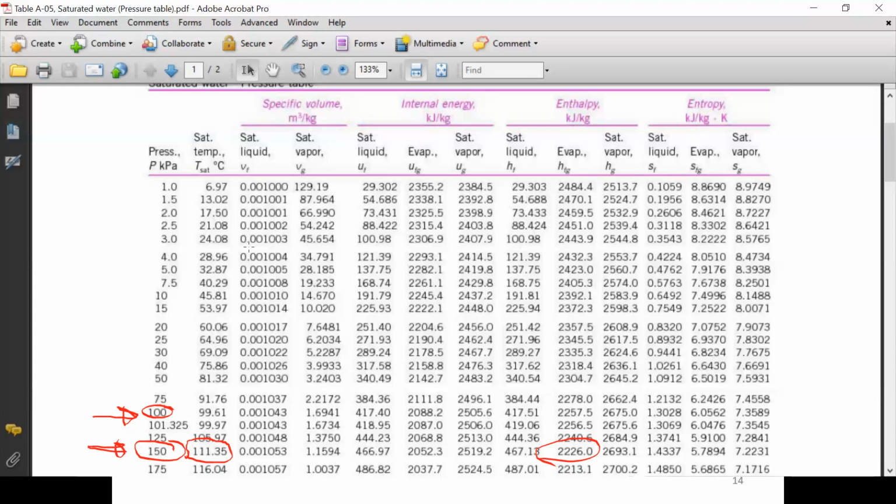This is just to show you that both tables are very close to each other. Either the pressure table or the temperature table, they give you the same result at the end. In the design or analysis of any system, we don't worry too much about fractions like 0.5 kilojoule or 0.6 or 0.1, because when we talk about a flow of steam, we're talking about a big amount of steam flowing, not only 1 or 2 grams of steam in a power plant.